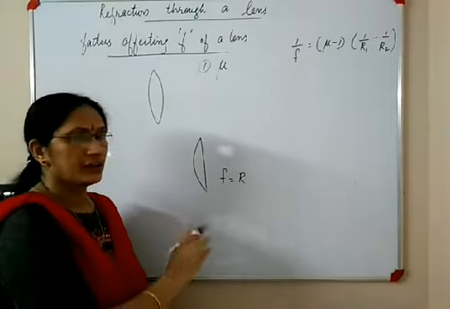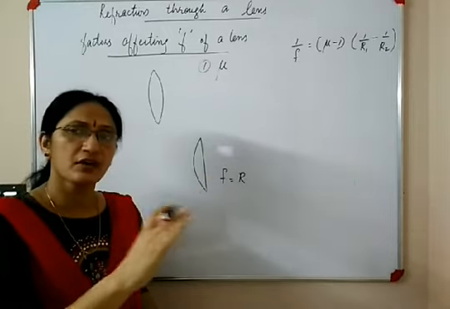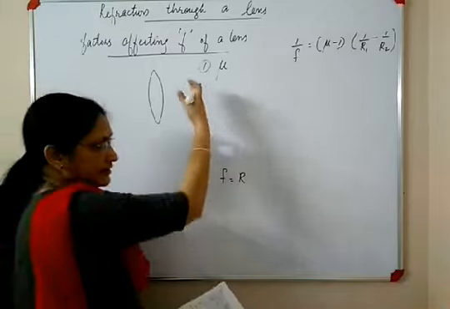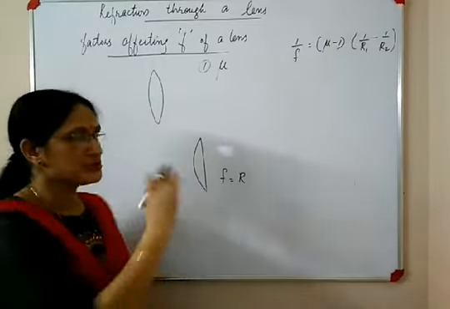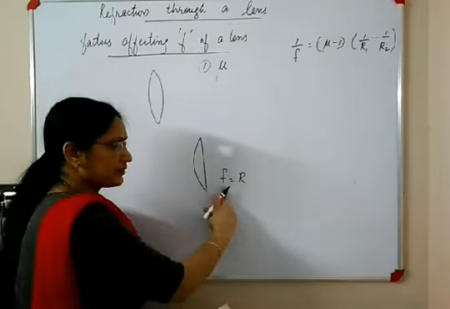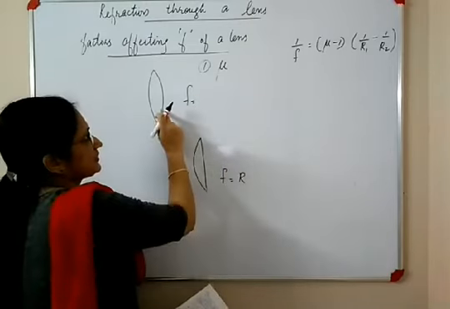Remember that if the lens is cut into two halves horizontally, focal length remains the same. But if a lens is cut vertically into two equal pieces, its focal length changes. Focal length will become equal to the radius of curvature.